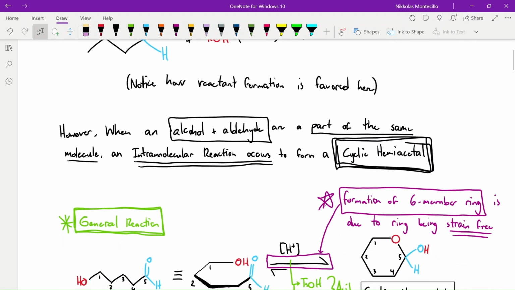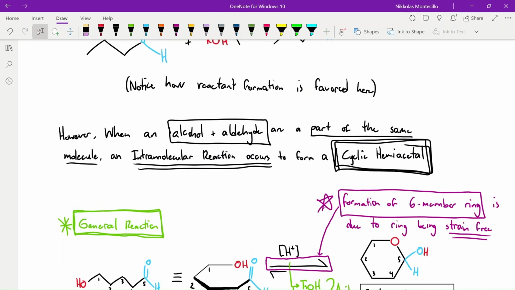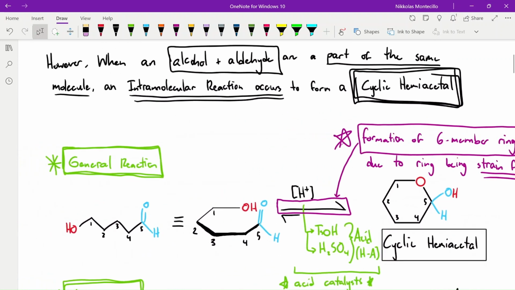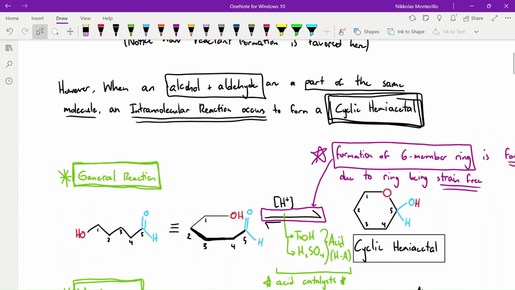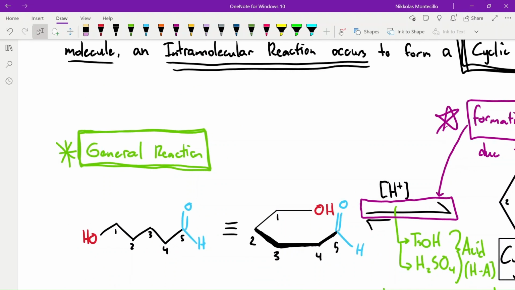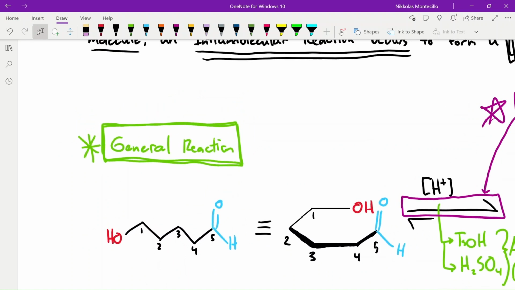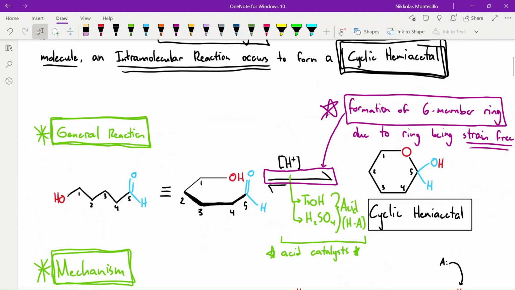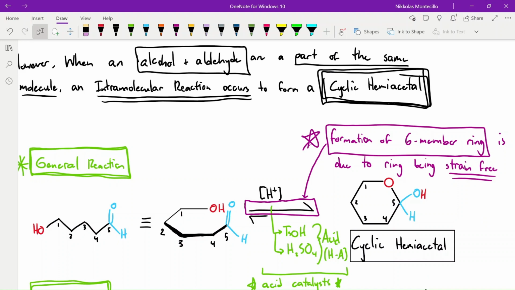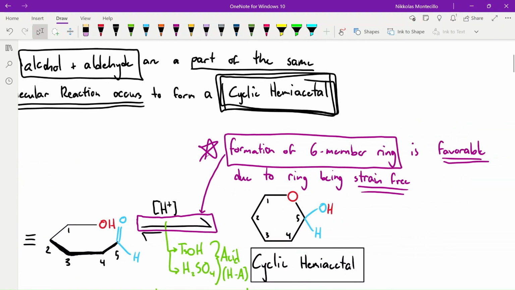However, when an alcohol and an aldehyde are a part of the same molecule, an intramolecular reaction occurs to form a cyclic hemiacetal. In this reaction, we can see here that a hydrocarbon containing both an alcohol and an aldehyde with a carbon chain length of 5 carbons will react in the presence of an acid catalyst such as tosylic acid or sulfuric acid to form a cyclic hemiacetal.